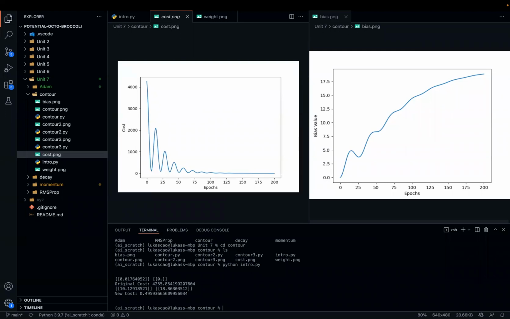Well, you know, X, Y, and Z axis, right? You know, 3 dimensions, right? So the cost is going to be the dependent variable. And the weight and the bias are going to be independent variables.